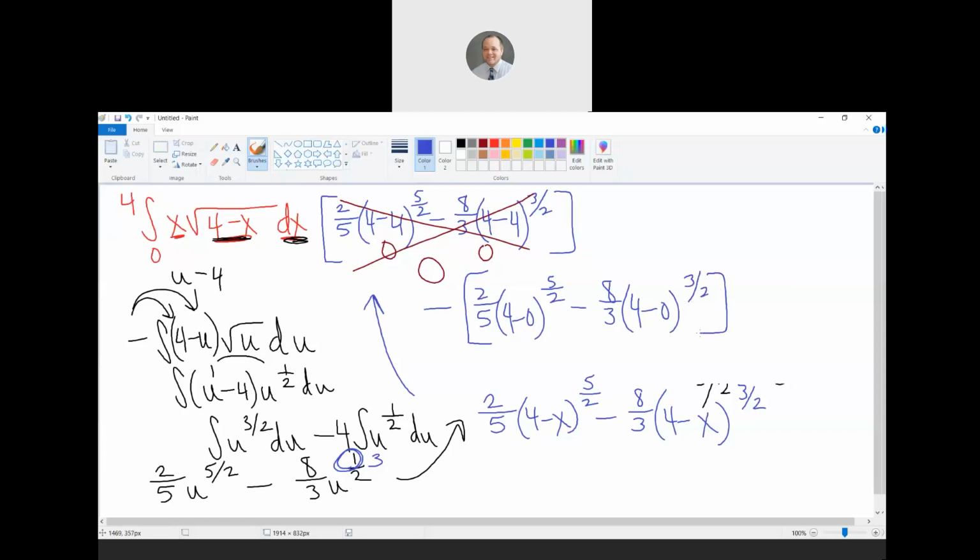What it boils down to is we're trying to find 4 to the 5 halves power and 4 to the 3 halves power. 4 to the 5 halves power, when you figure that out, is actually 32. And 4 to the 3 halves power is 8.